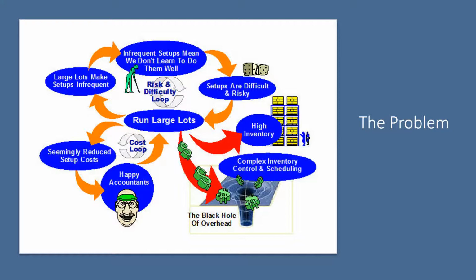They could be damaged. There's a lot of the 8 wastes involved in running large lots: motion, transport, defects, the whole 9 yards. So that's the problem we're trying to solve.